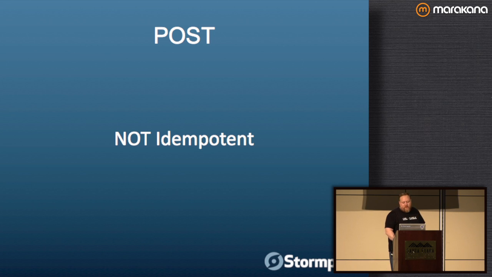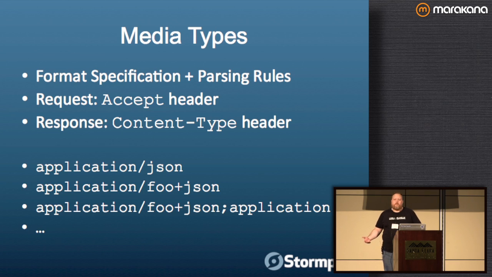The other thing that I want to cover briefly is this notion of media types. And this is really important in RESTful architectures. A media type is basically a format specification associated with a set of parsing rules, so clients know how to interpret or respond to the data format. The clients can tell the server what they want using the Accept header.